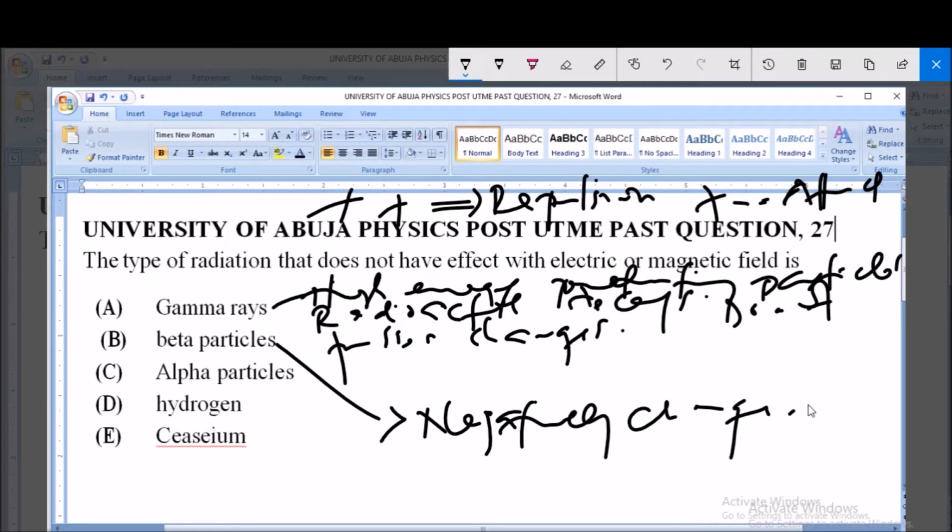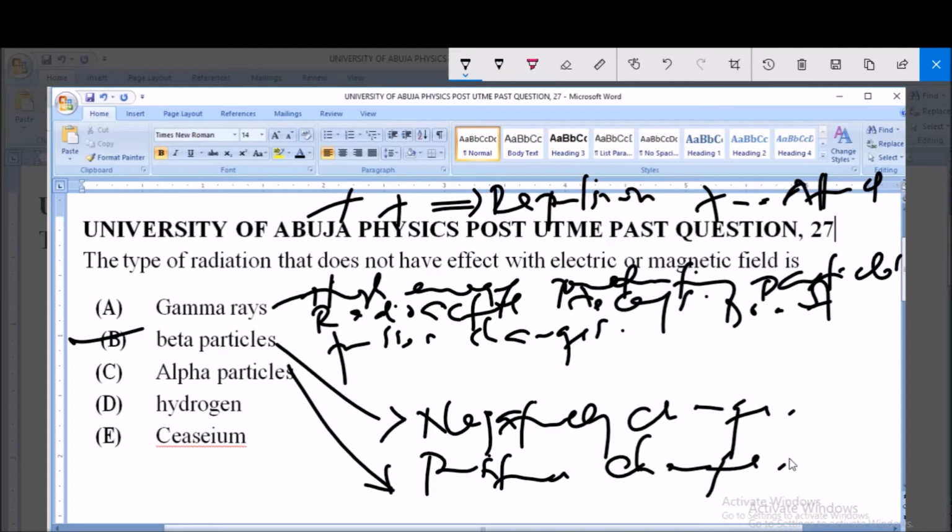Hence, they are affected by electric field, so I'll tick it. Alpha particles are particles that have positive charge. Hence, they can react to electric and magnetic fields.